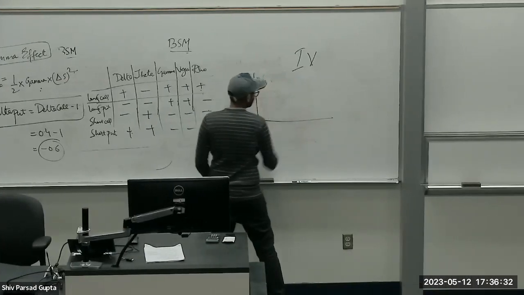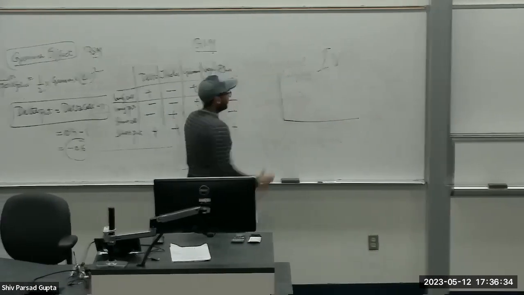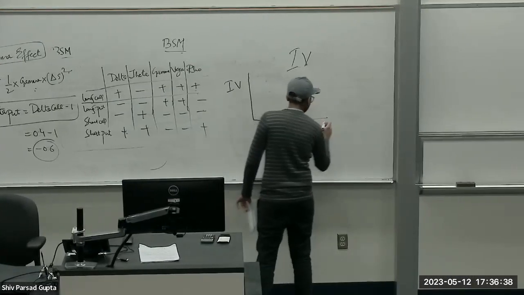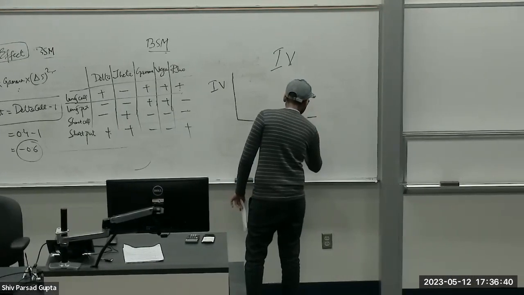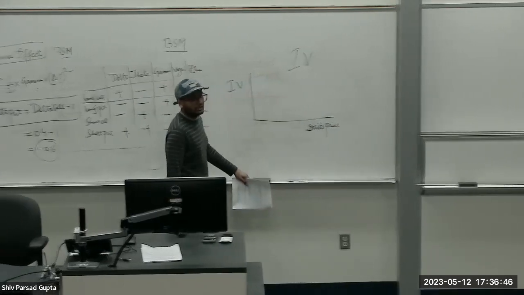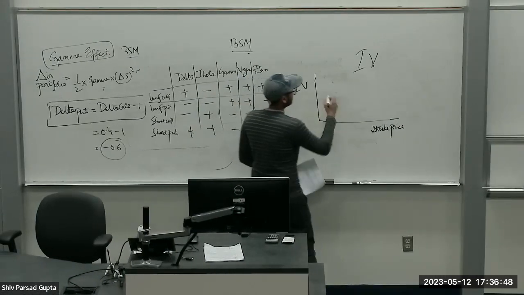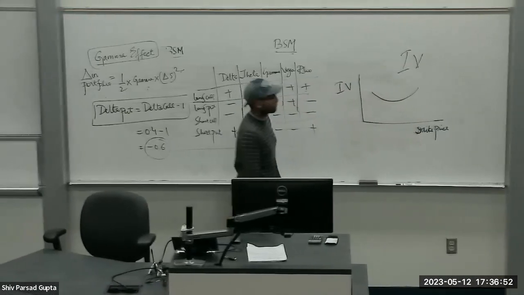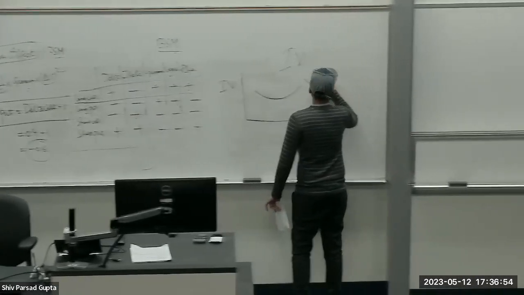So we have this implied volatility, this is the intrinsic value, and this is the strike price. We have the volatility smile like this. This is the volatility smile.